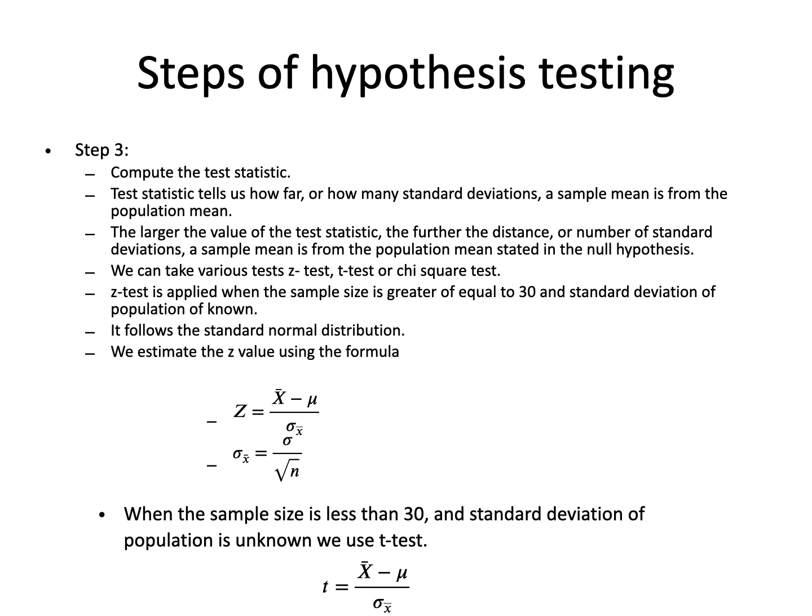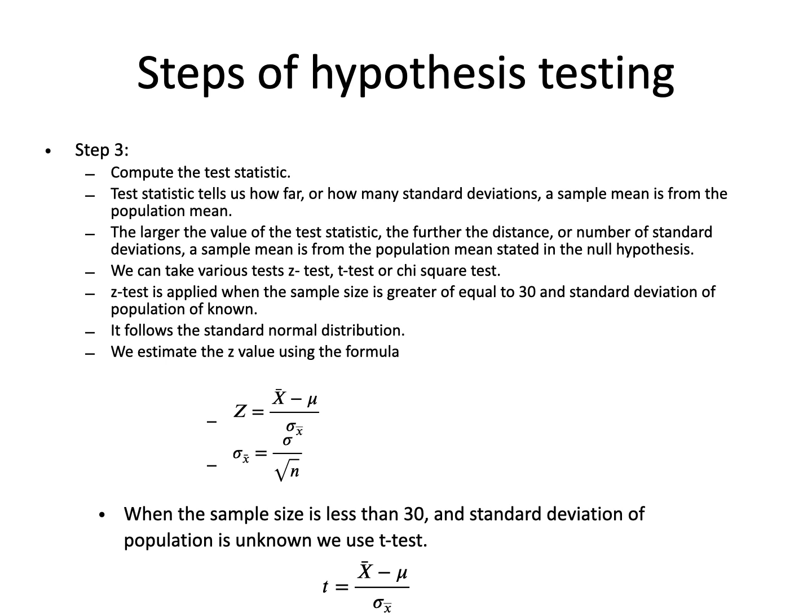We estimate the z value using this formula: the z score is given by x bar, the sample mean, minus the population mean, divided by the standard deviation of the sample, and this standard deviation of the sample is estimated on the basis of the population standard deviation, as the population standard deviation divided by root n.